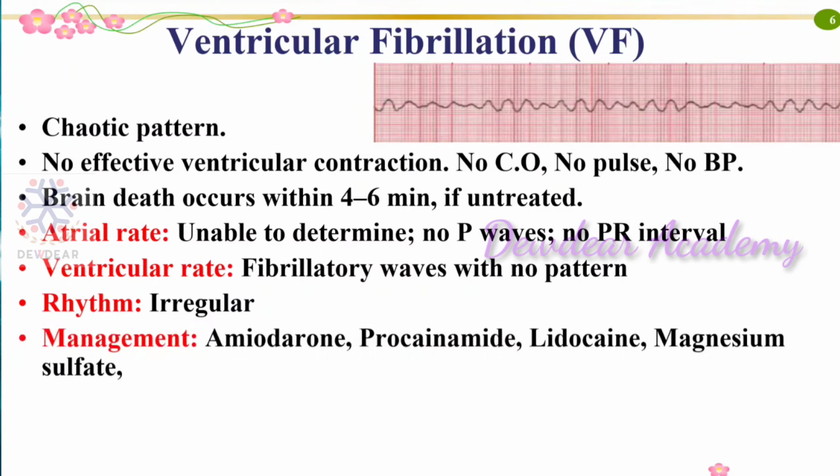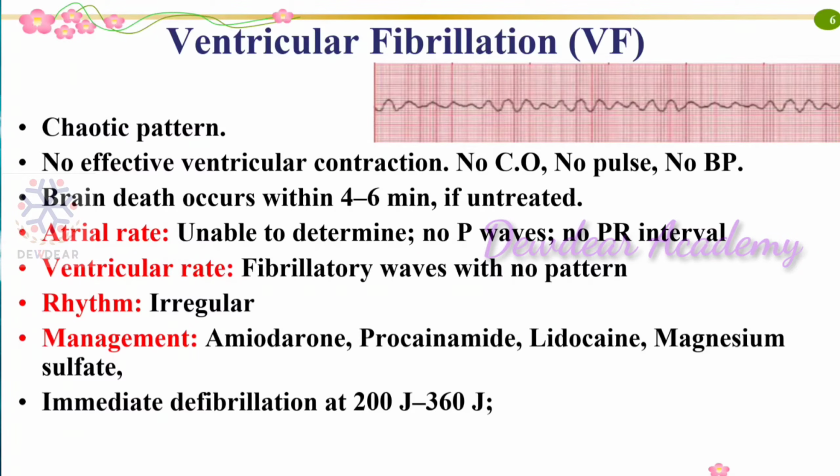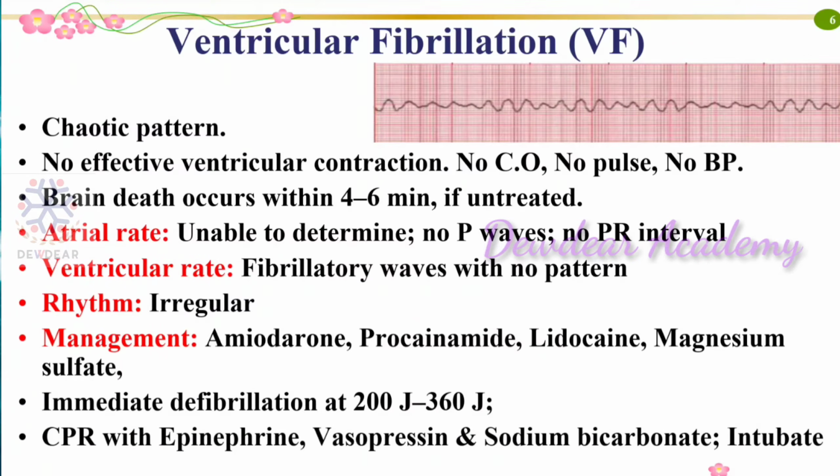So the management of ventricular fibrillation is by amiodarone, procainamide, lidocaine, magnesium sulfate, and also immediate defibrillation should be given at 200 to 360 joules. Then CPR is important with epinephrine, vasopressin and sodium bicarbonate, and also there is need to intubate. So this is the ECG pattern or ECG strip in case of ventricular fibrillation or VF. Next question.